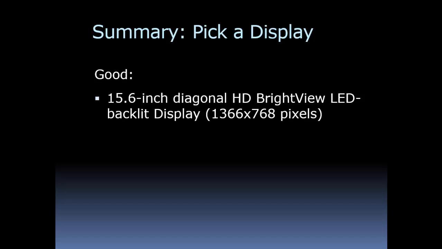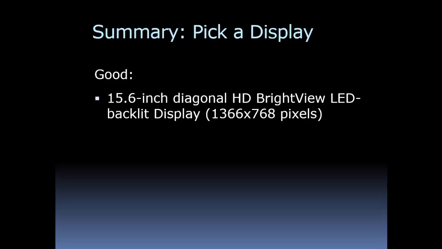So, in summary, we have a typical configuration for a laptop now. It might be a 15.6 inch display, which is a good size, measured diagonally, pretty big. And it uses LED backlit, which is very common now. It's a low-cost, light-emitting diode backlit display.